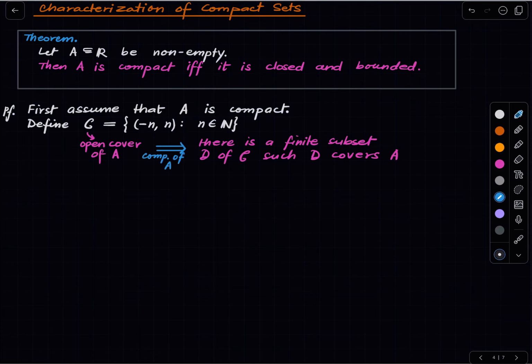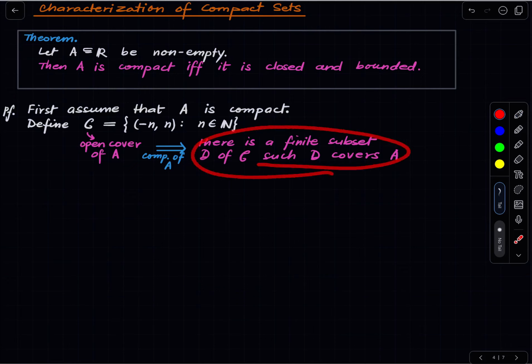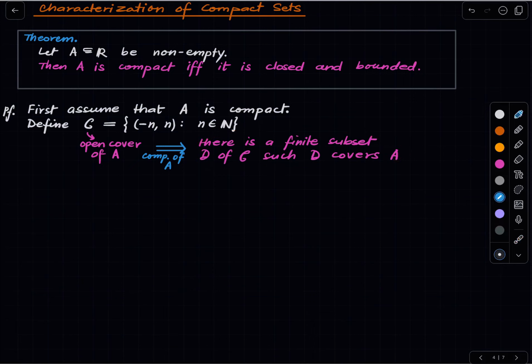Alright, so there is a finite subset D of C which covers A, but this implies that A is bounded. So I will justify a little bit, but I'm sure you can see it. This implies A is bounded. So let me say it in words.